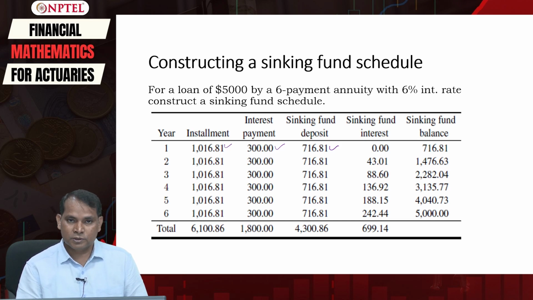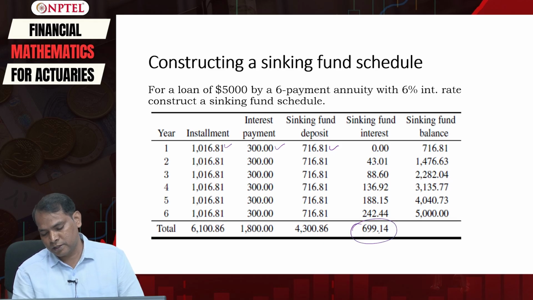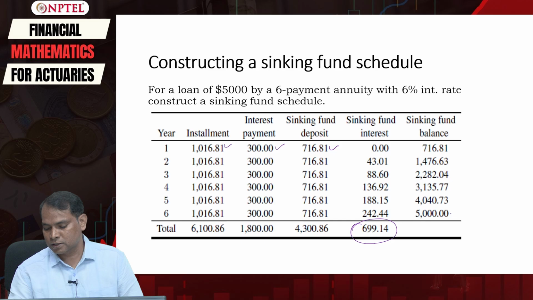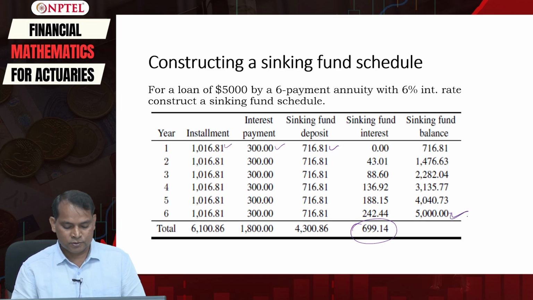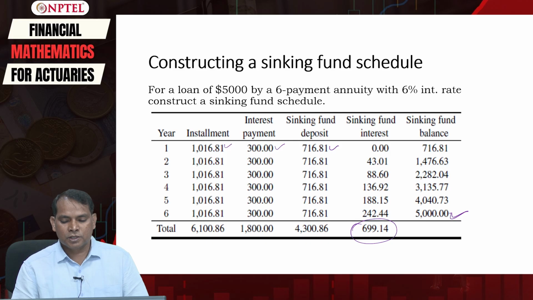And the sinking fund interest, your deposit in your sinking fund, has earned an interest amount of 699.14 dollars, and therefore you are able to deposit your principal amount, that is 5000 rupees. So this is how the sinking fund schedule looks like.